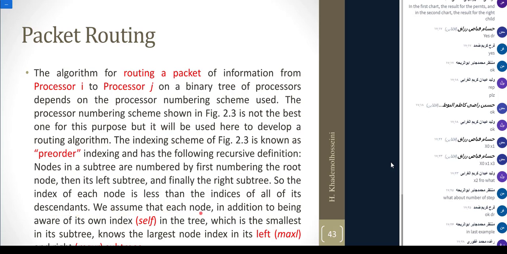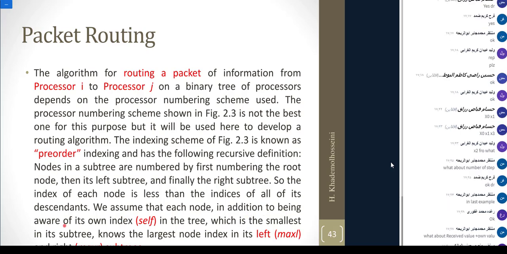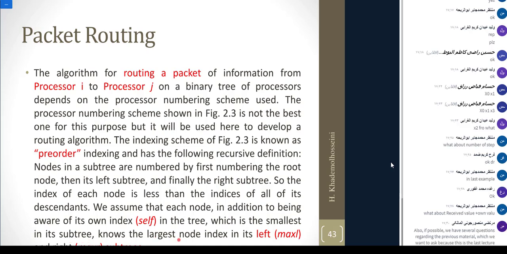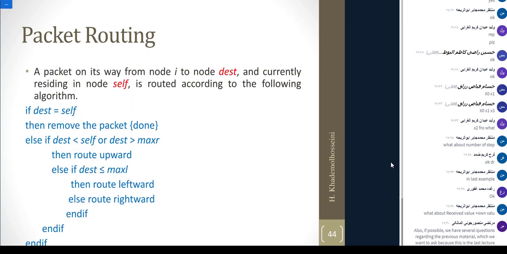We assume that each node, in addition to being aware of its own index, which we name self, which is the smallest in its subtree, knows the largest index in its left subtree, we name it max L, and in its right subtree, max R. Okay.